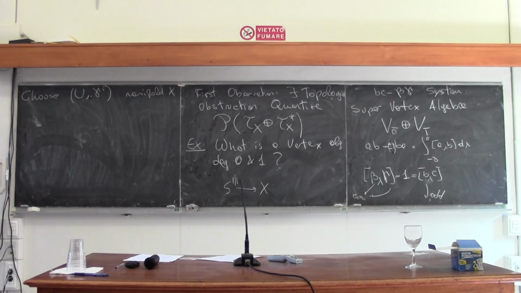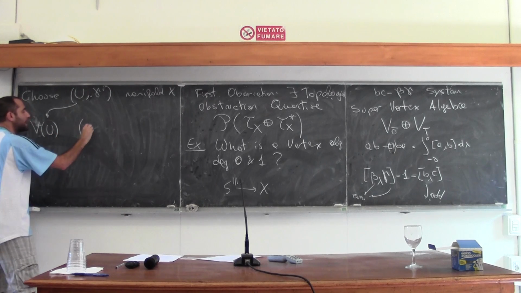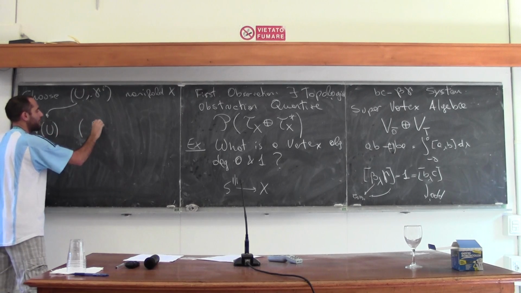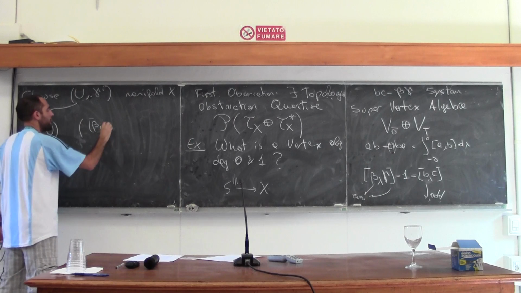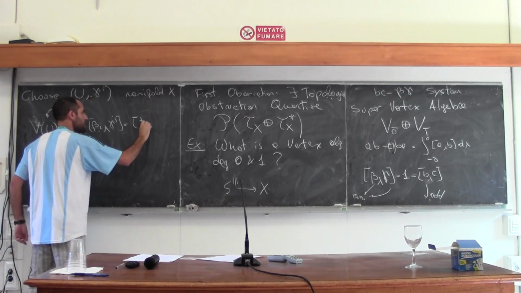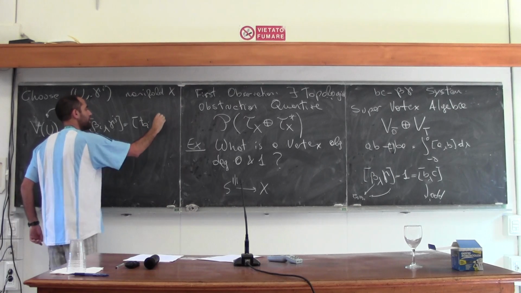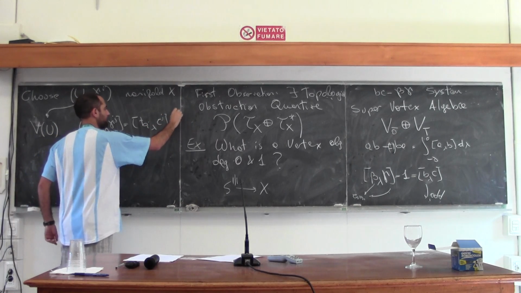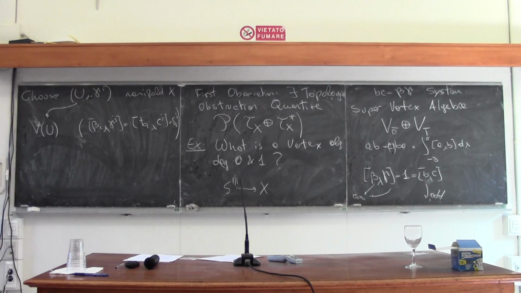Okay? So now, in this open set, I will attach a vertex algebra, V_U, which is going to be that free boson system. So this is the beta gamma system, now with non-trivial brackets: the lambda bracket of beta_i and gamma_j is equal to delta_ij, and likewise for b_i and c_j.